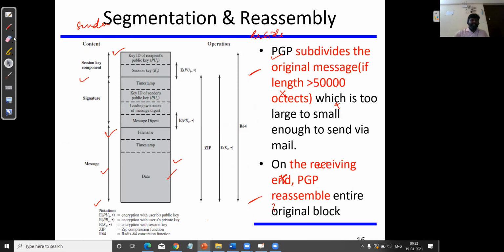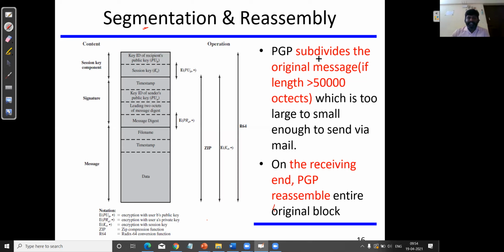Next we'll discuss the segmentation reassembly process. This was one of the important operations which we discussed under email security. Segmentation is the process through which your large information is divided into smaller units, which can be called segments.